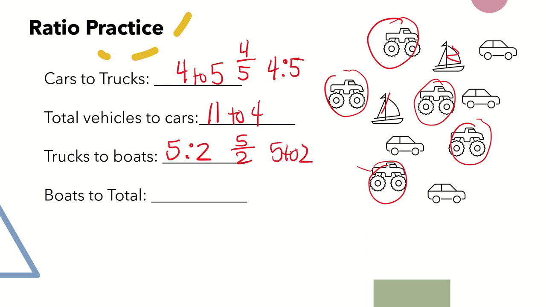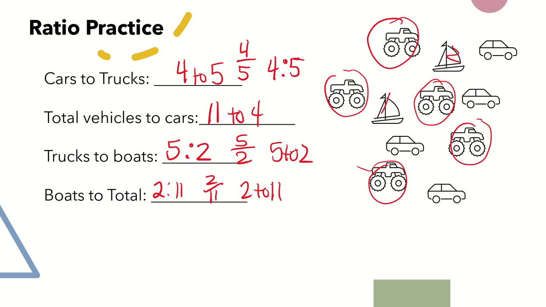We already know the total number of transportation or vehicles that I have is 11, and we already know the total amount of boats is 2. We're just switching the order. So in this case, 2 to 11, 2 over 11, and 2 using the word "to" 11.